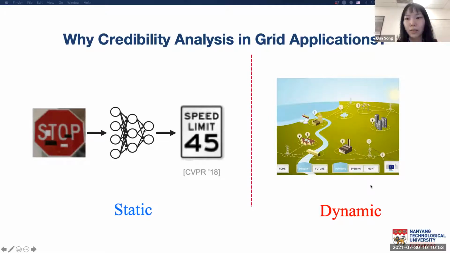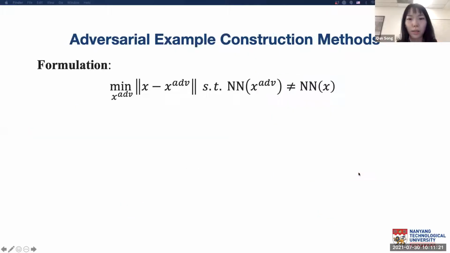However, in smart grid, where the data is generated and analyzed dynamically, the requirements of real-time eavesdropping and data tampering for attack construction are sometimes too stringent. Therefore, we cannot simply transfer the worry from the CV applications to smart grids without discrimination, and a credibility analysis of the adversarial example attacks in the DNN-based grid applications is needed.